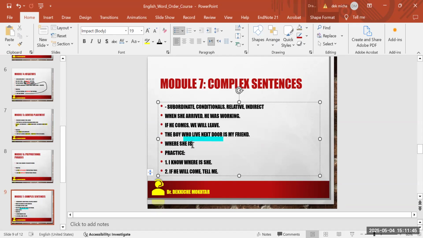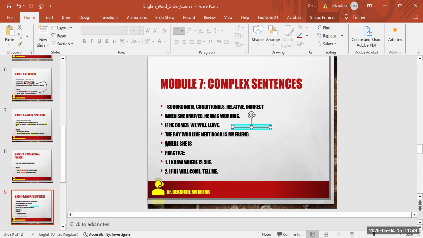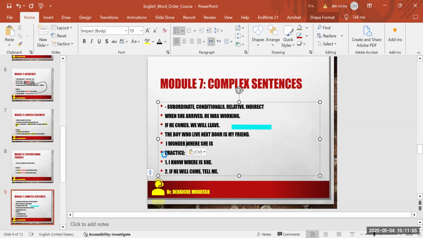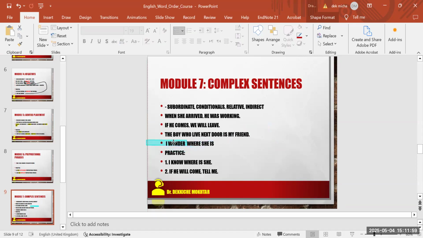"Where she is" normally is a question. Yes or no? However, if we add the following, "I wonder where she is," it is an indirect question.